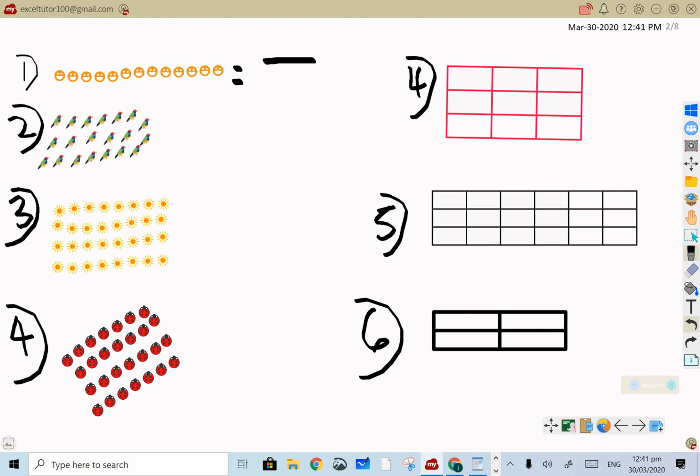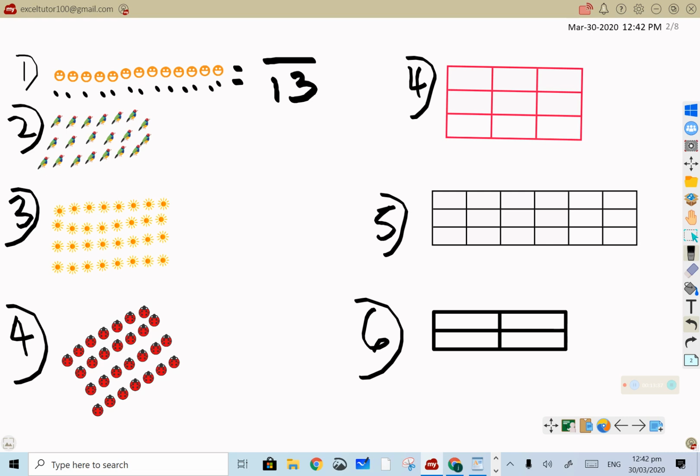Okay, right? So the whole would be all. So let us count how many smiley faces we have here. We have 1, 2, 3, 4, 5, 6, 7, 8, 9, 10, 11, 12, 13. So what you would call our denominator would be 13.